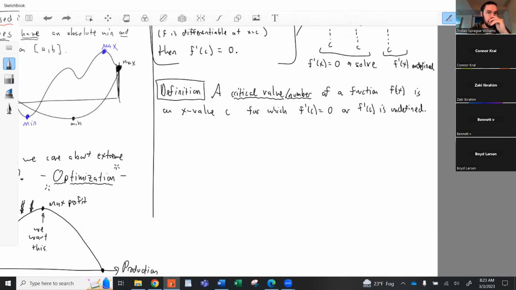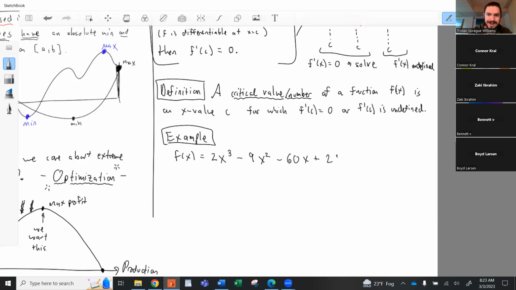Let's do a quick example. So let's say you have the function f of x equals 2x cubed minus 9x squared minus 60x plus 28.